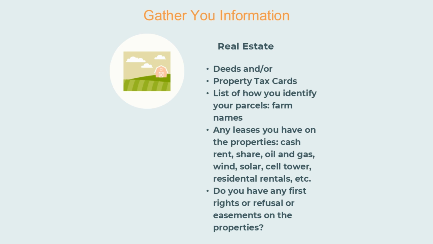So if you can gather your deeds, your tax cards, and any leases, easements, and any other unique issues you may have, that'll go a long way towards filling out the real estate portion of the farm's spreadsheet.